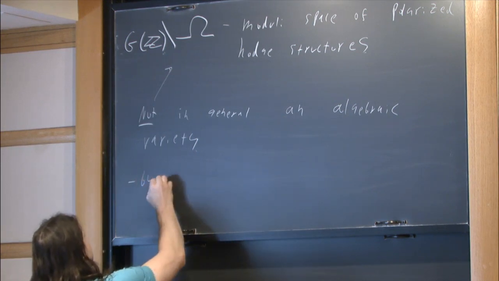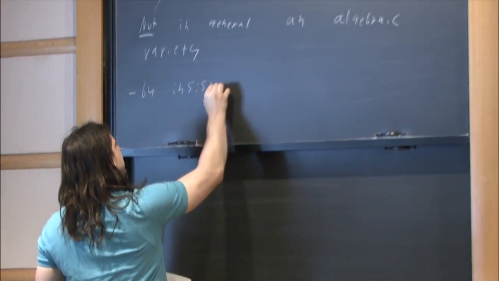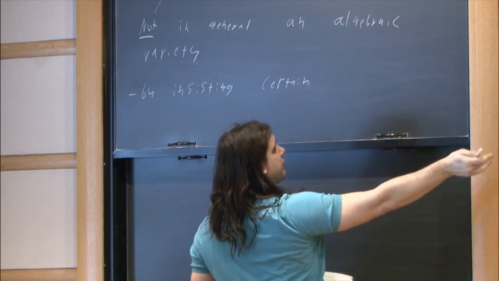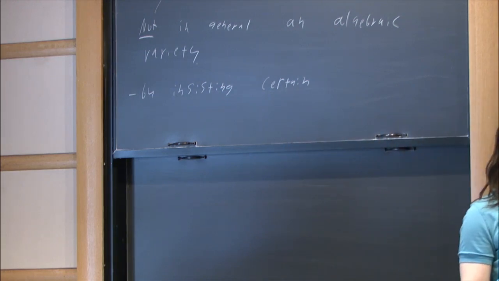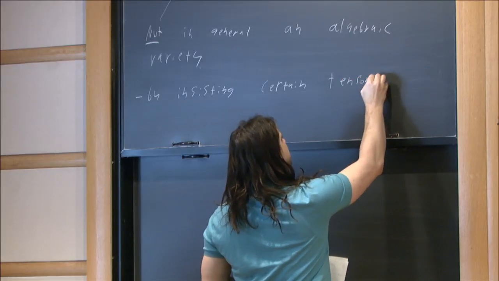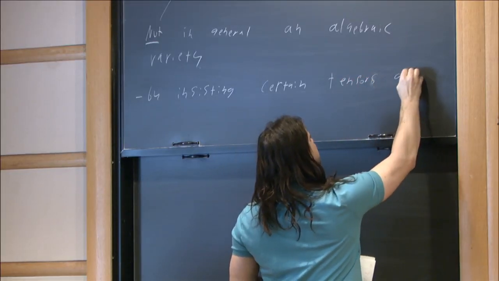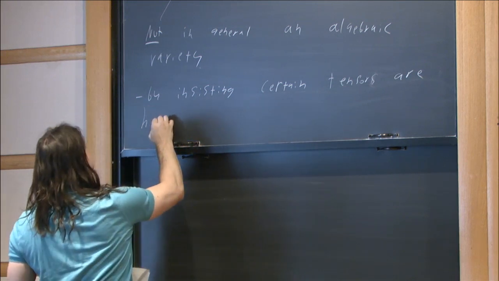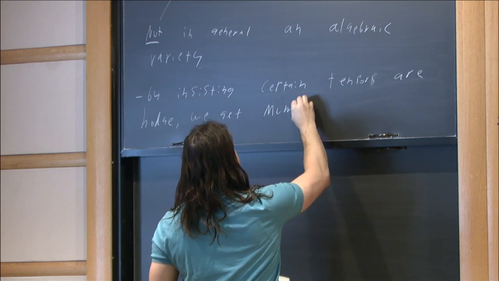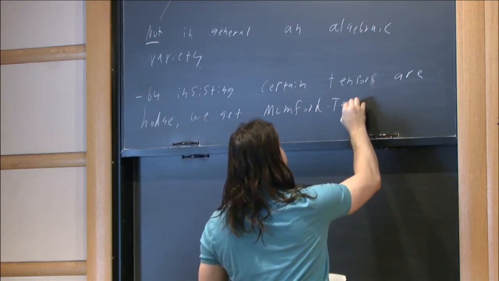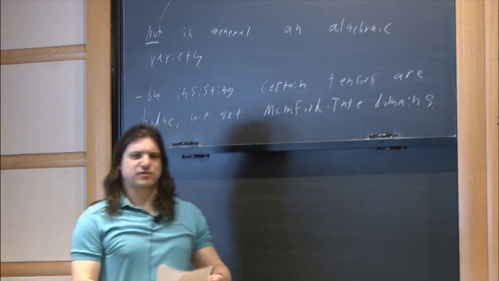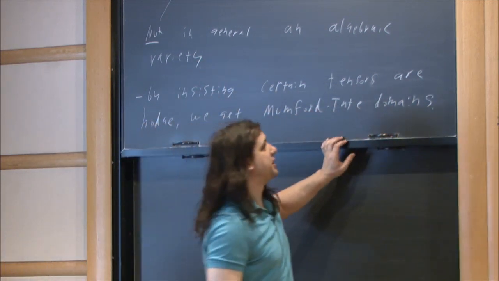So by insisting that certain vectors, or in general, you have to look at tensor products and look at things there, that certain integral tensors are Hodge, we get Mumford-Tate domains. And they're, in some sense, the correct level of generality to work in. Here, though, I don't want to say too much about that.